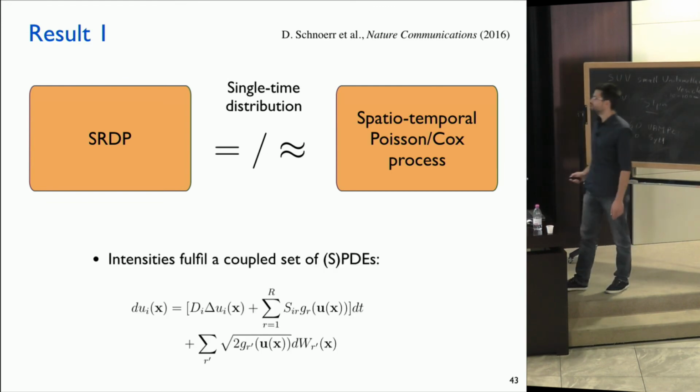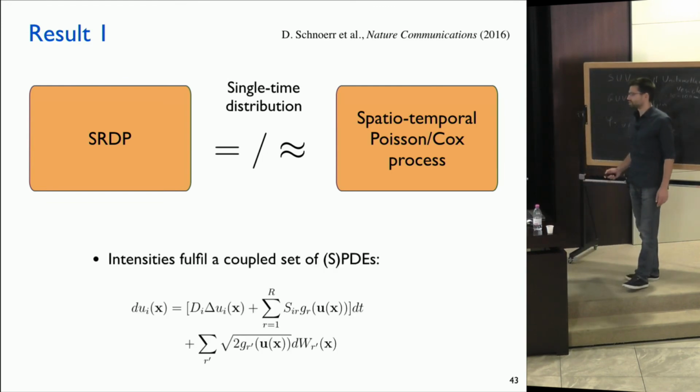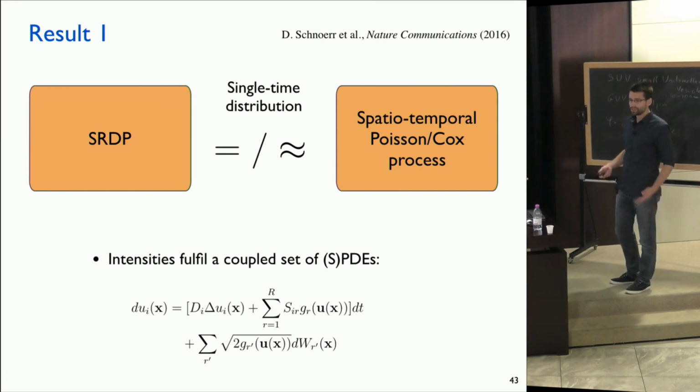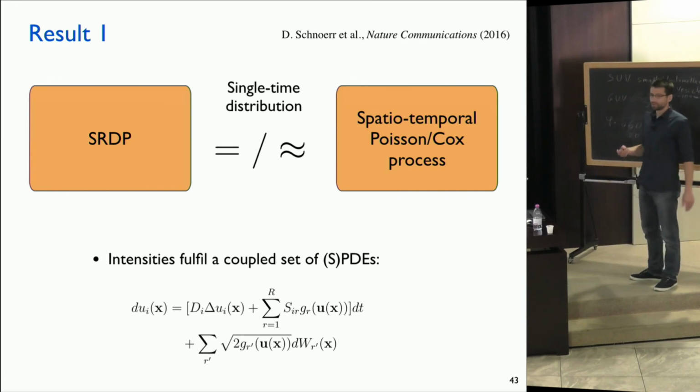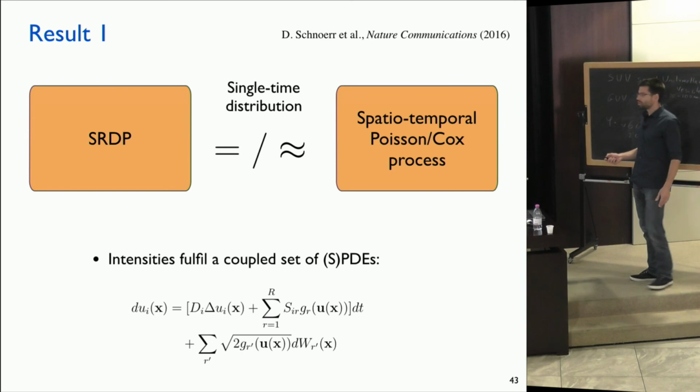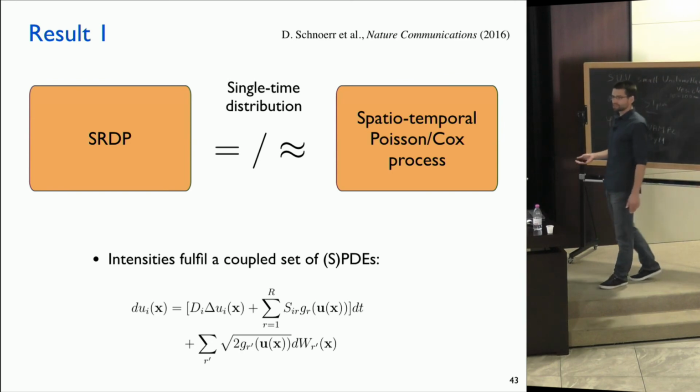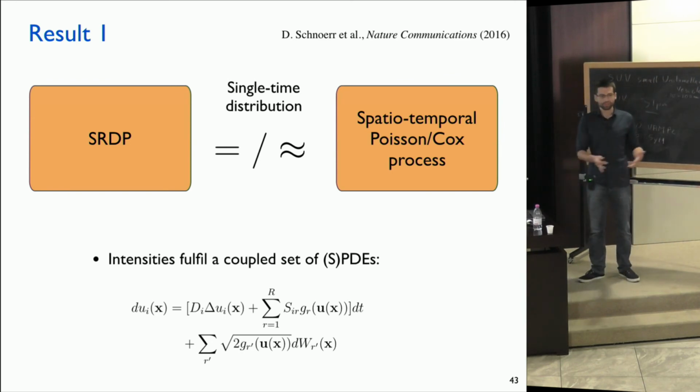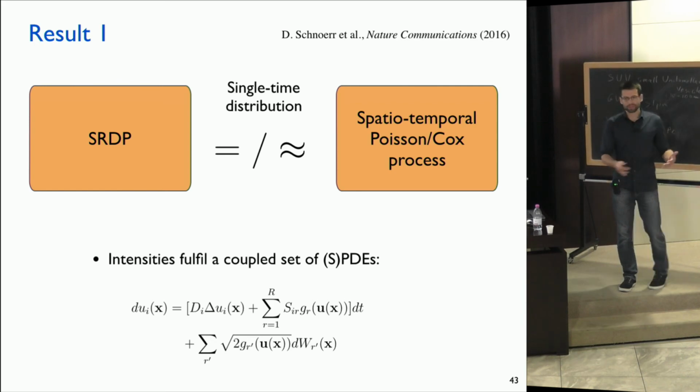We explicitly derive stochastic partial differential equations governing the intensity function. And I think this is quite remarkable because, as I said before, Cox processes are typically used empirically for systems where no mechanistic description exists. And we now have a description of our chemical reaction systems in terms of a Cox process where the parameters governing the dynamics of the intensity field are the actual physical parameters of the underlying system.